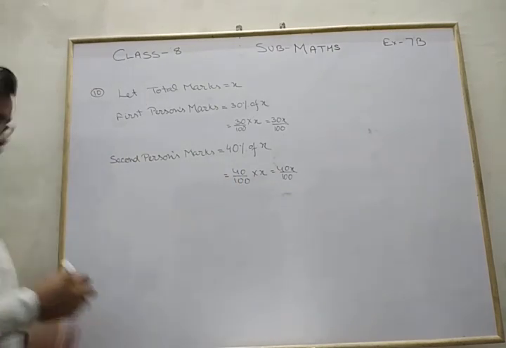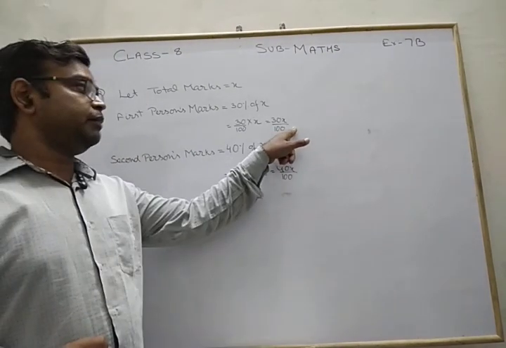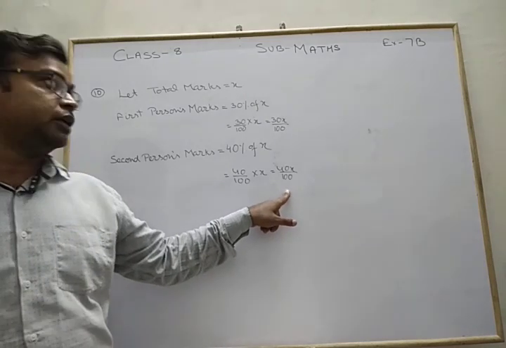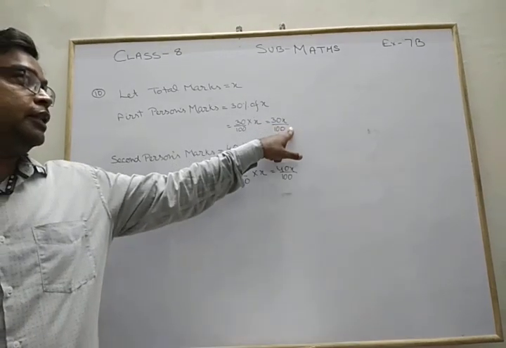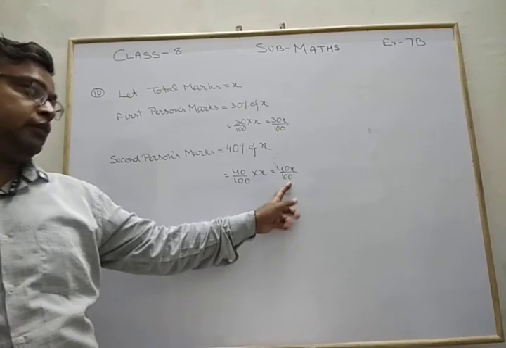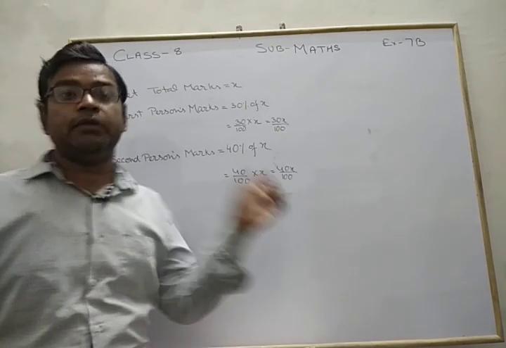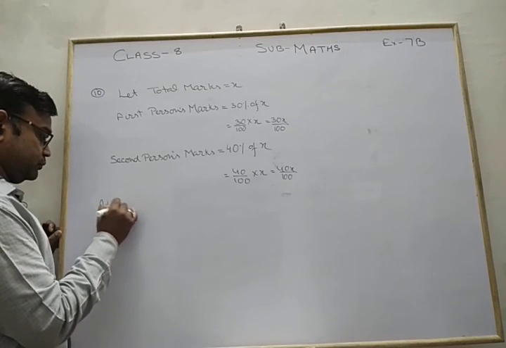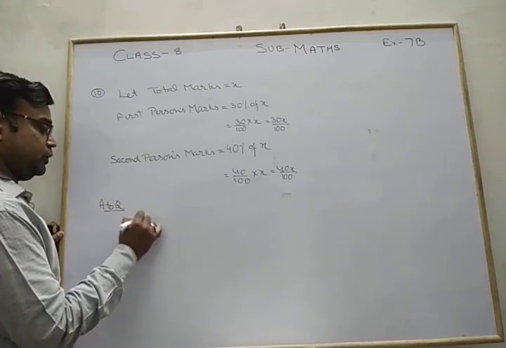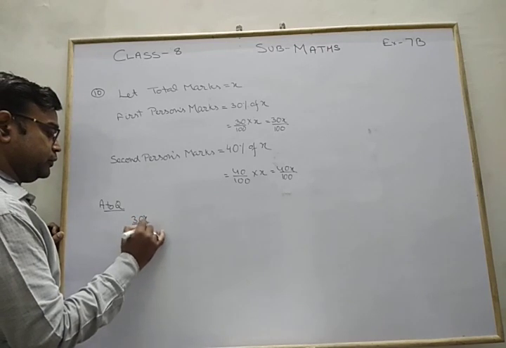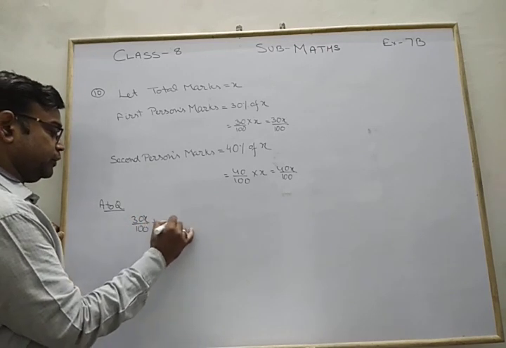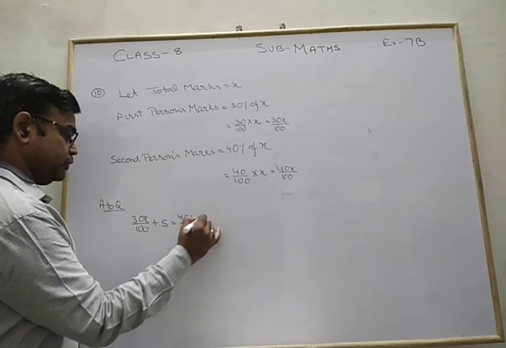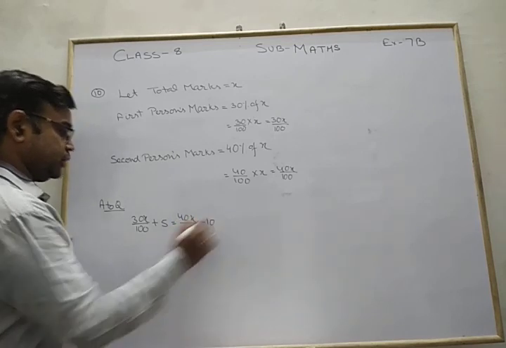Now the question says that this person fails by 5 marks and this person receives 10 more than passing marks. Means if we add 5 in this condition and subtract 10 from this, we have passing marks. So according to the question, 30x upon 100 plus 5 equals 40x upon 100 minus 10.